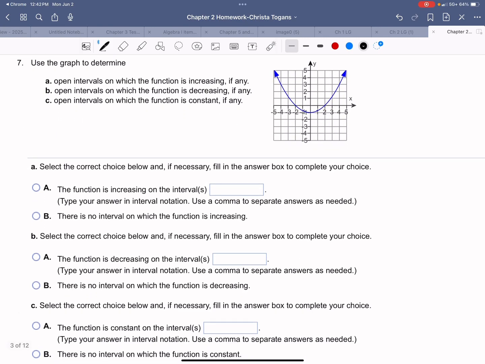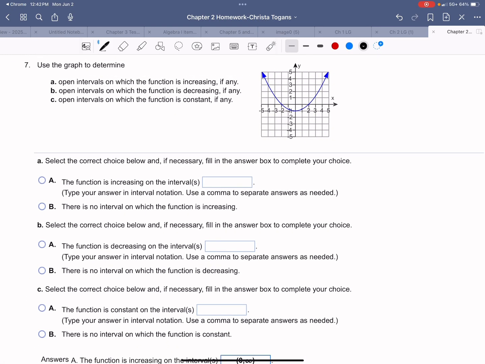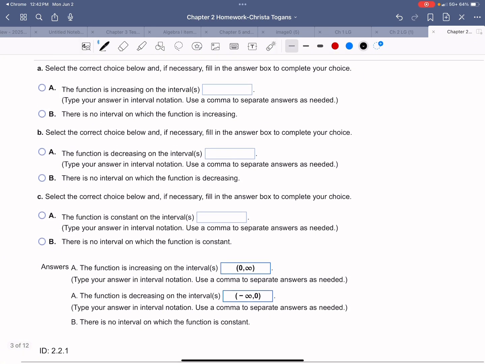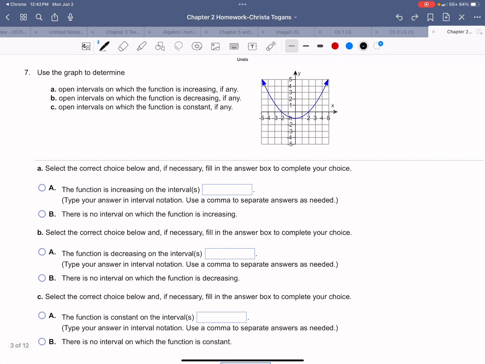For this one, now mind you, you're gonna have different numbers than what I'm showing you. So just keep that in mind. But you see here that the function is increasing, and it shows you down here where it's increasing. So it's increasing from this point where x is 0, and it goes to infinity.